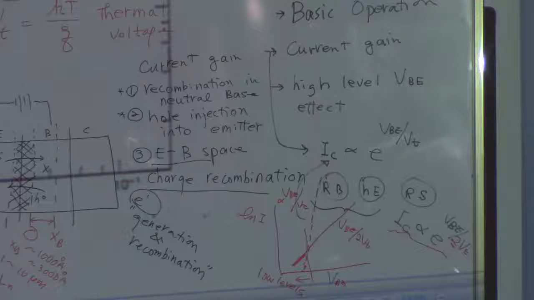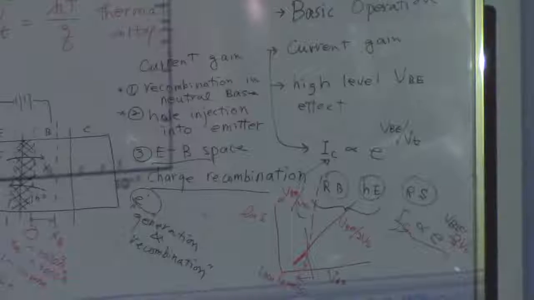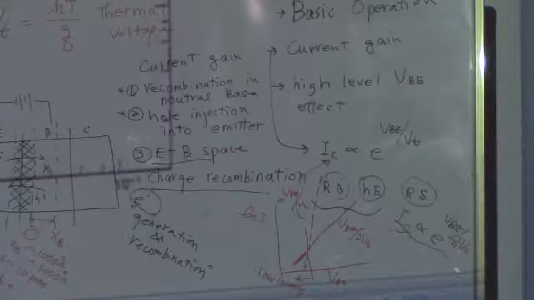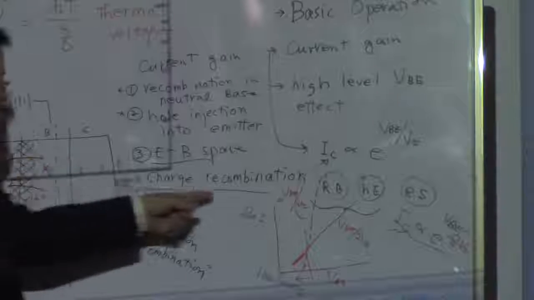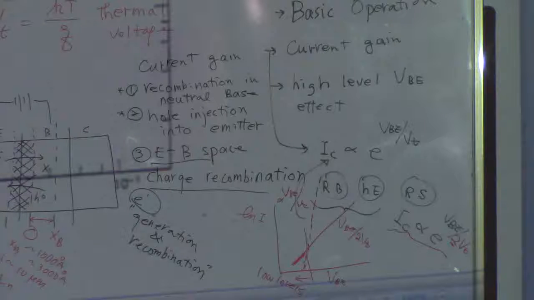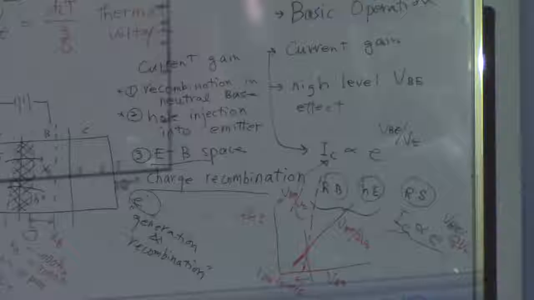If you want to have good hearing aids or pacemakers, then you have to do something to make the emitter-base space charge recombination as small as possible by controlling the fabrication parameters.